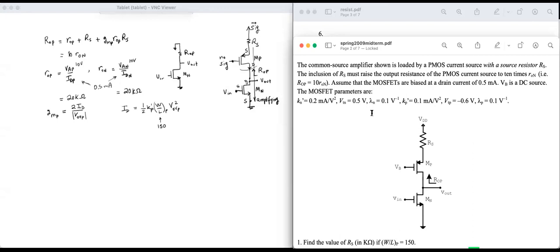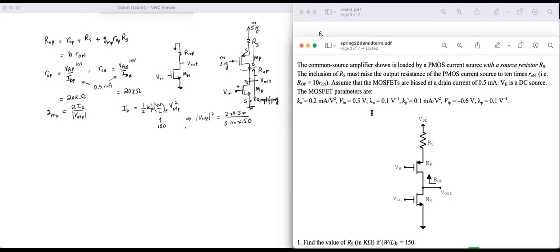ID is given, so I can find VOVP. So VOVP is 2 times 0.5 milli, right? VOVP squared is 2 times ID divided by K prime P, 0.1 milli times 150.